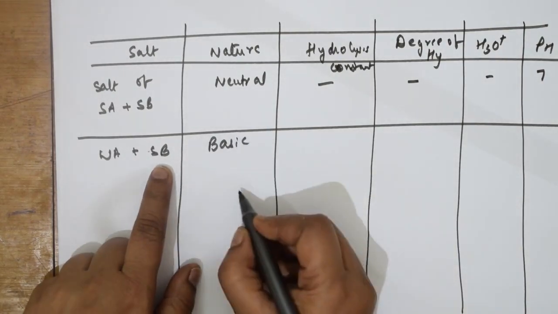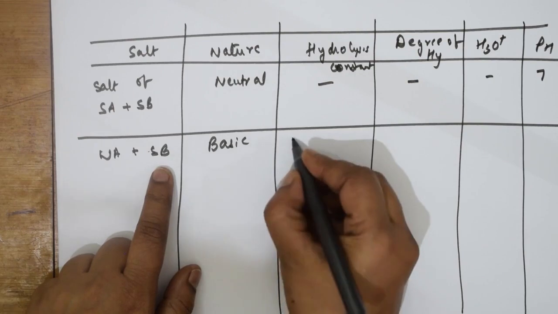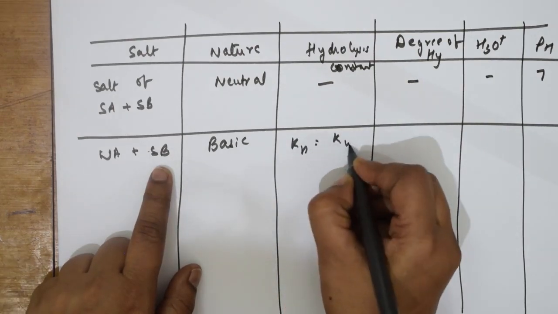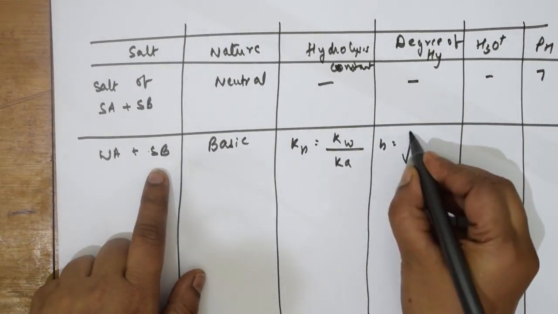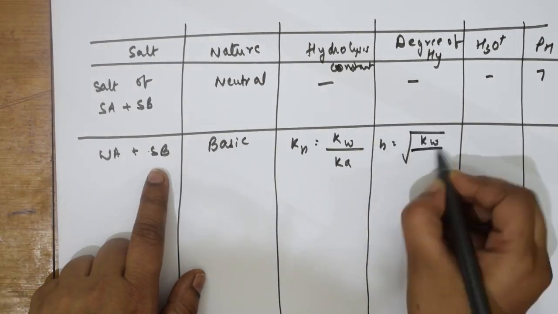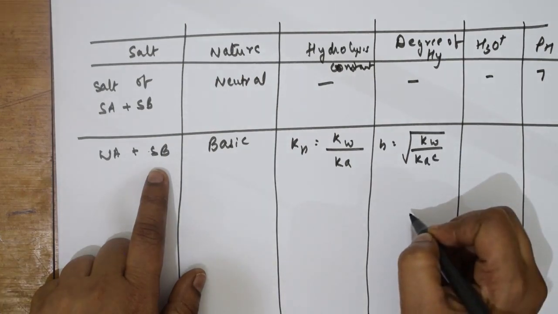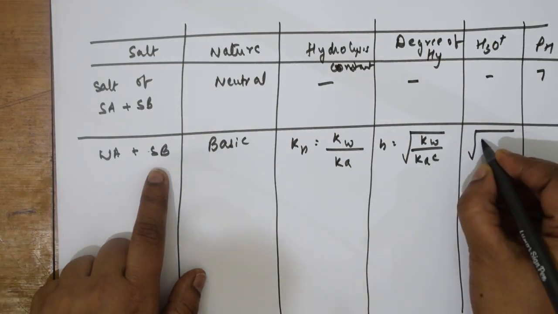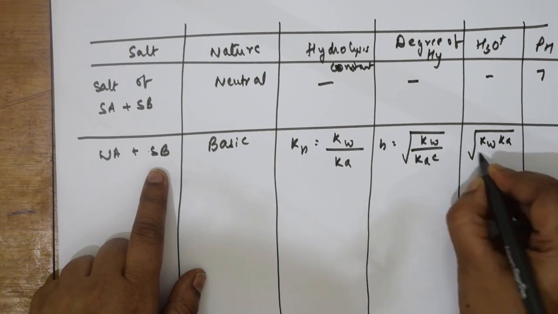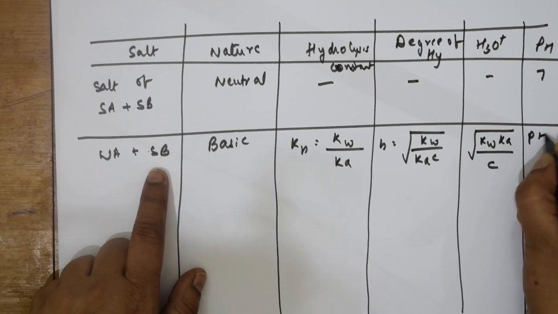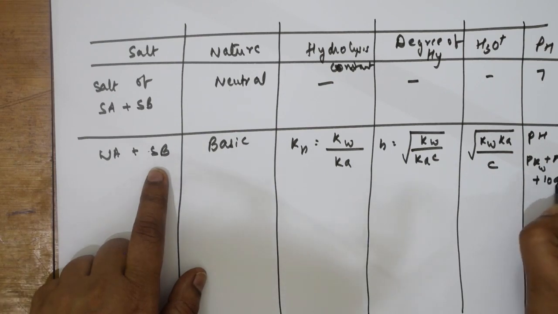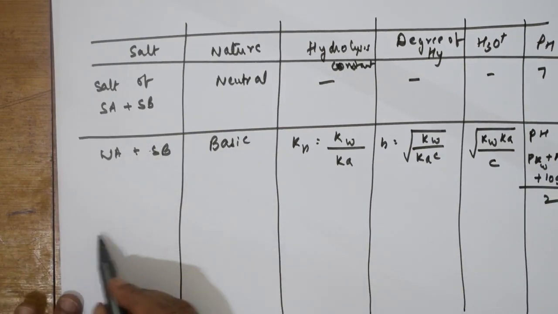For this, the hydrolysis constant formula would be Kh is equal to Kw by Ka. h is equal to root of Kw by Ka into C. H3O plus concentration would be root of Kw Ka by C. pH would be pH is equal to pKw plus pKa plus log C by 2. There is no place, that's why I have written it there.